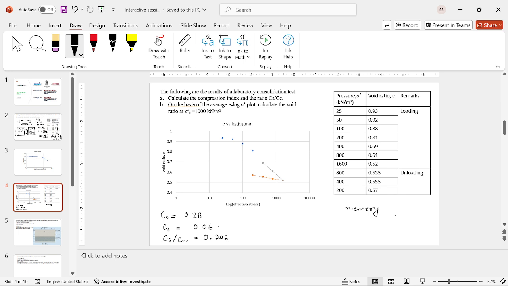For example, this is a freshly formed or freshly placed soil, and I place a weight over it. When you place soil very loosely, as you step over it, it will compress a lot.